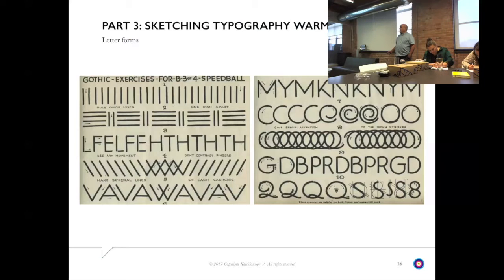Horizontal and vertical, you can make L, F, E, L, T, H. So already you're making half the alphabet just by drawing vertical and horizontal lines. Kind of makes a cool pattern too.